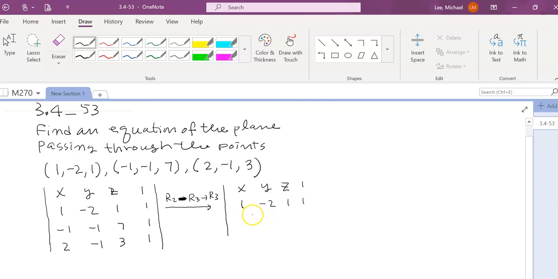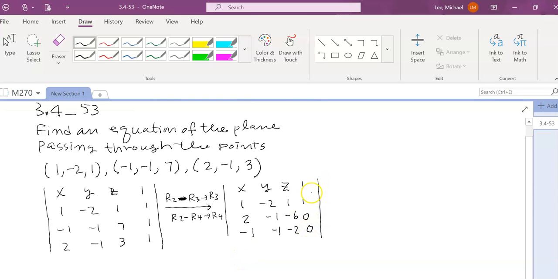And I'm going to subtract, so it's going to be 2, -1, -6, and 0. Again, -1, -1, -2, and 0. And then what I'm doing here is R2 minus R4 go to R4. That's what I'm doing.